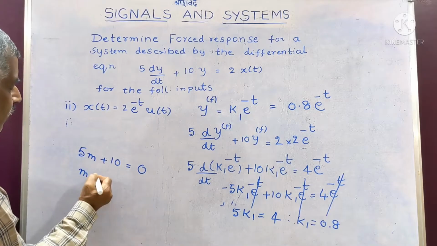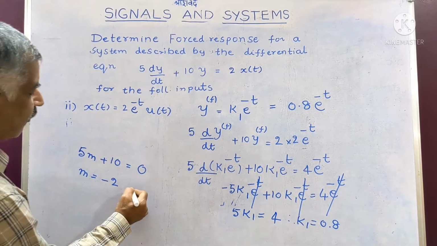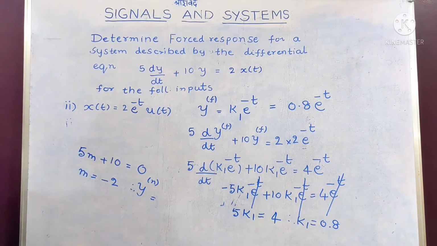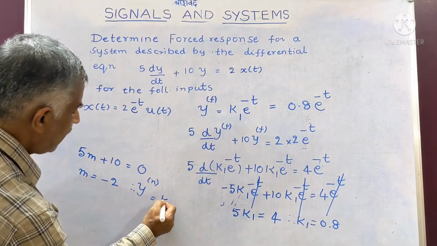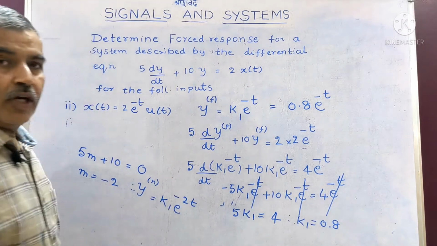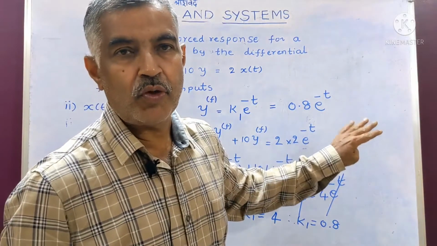Therefore, m is equal to minus 2. Therefore, the natural response is k1 e power minus 2t. Now, in the case of exponential inputs, you must take one care.